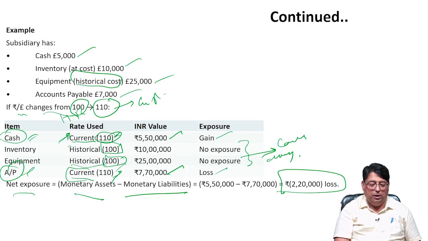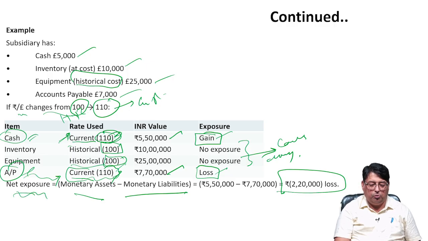In case of cash, it will show a gain because more Indian currency will be converted, because the Indian currency has depreciated. But as far as accounts payable is concerned, it will show a higher amount because of the depreciation of the Indian rupee against the US dollar. So, this will lead to loss.